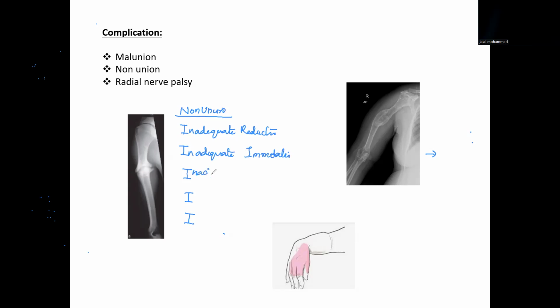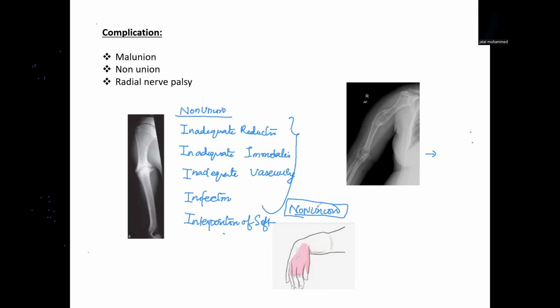Then inadequate vascularity or blood supply. Then infection. The last is interposition of soft tissue. So these are the reasons for a patient developing non-union. You can find all these things in a humerus fracture where the patient has non-union. So always remember the causes of non-union, the 5 I's.